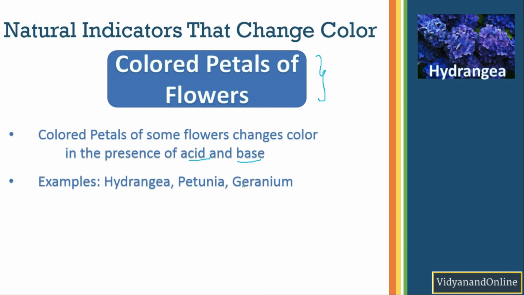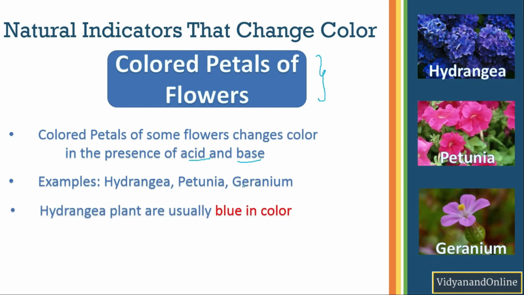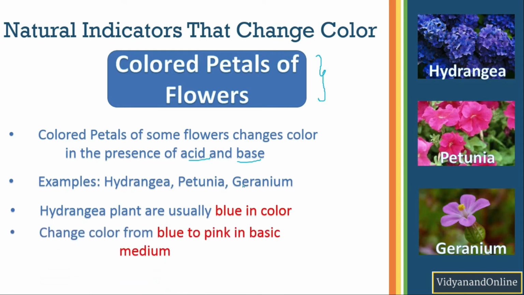So Hydrangea is basically blue in color, then you have Petunia and you have Geranium. Now if we talk about Hydrangea plant, it is basically blue in color. Now what happens is, if you put this blue colored petal into this basic solution, then the color changes from blue to pink, which indicates that the solution was a basic solution.